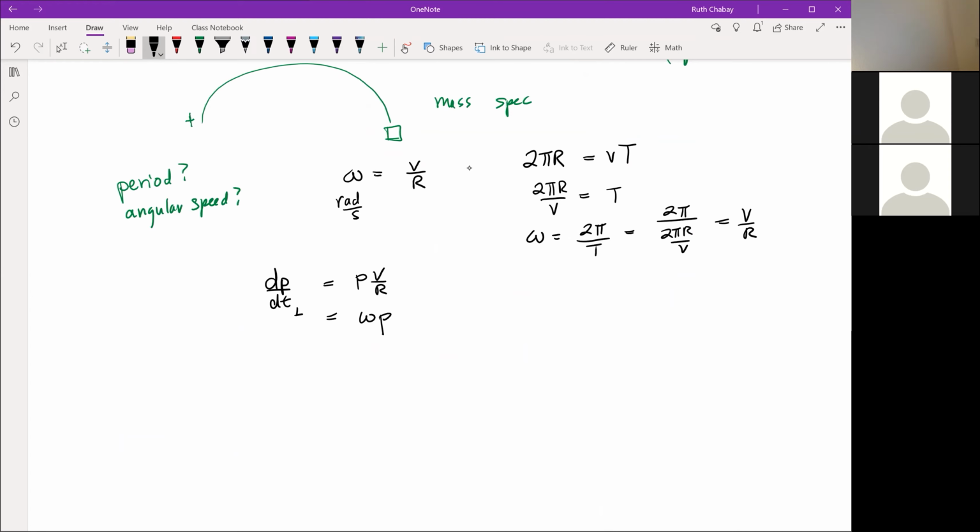And that's equal to the magnetic force, qvB sine 90 degrees.